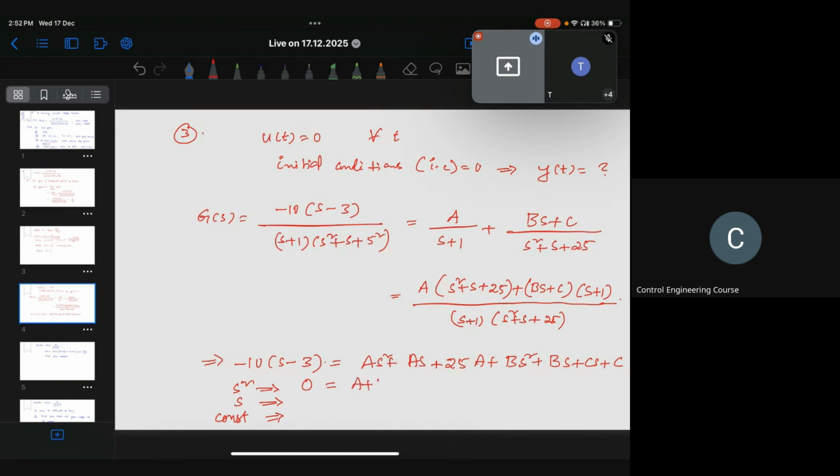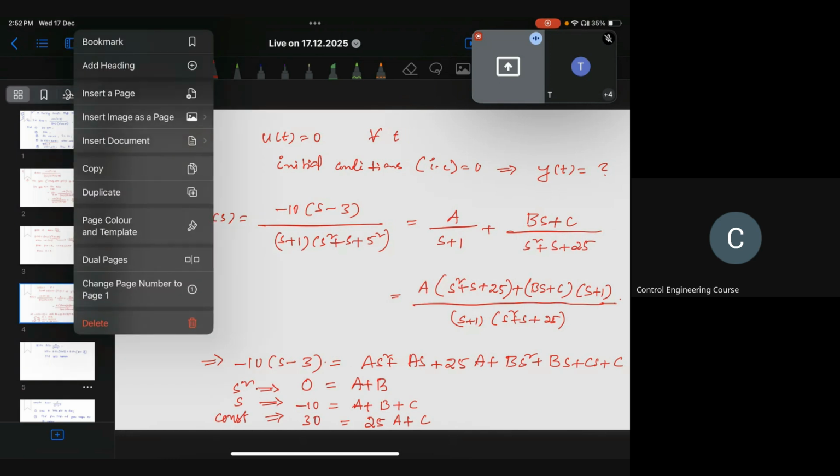In the first case we get 0 on the left and A plus B on the right. In the second case, minus 10 equals A plus B plus C. In the third case, it is minus 3 equals 25A plus C. These are the three equations we got.